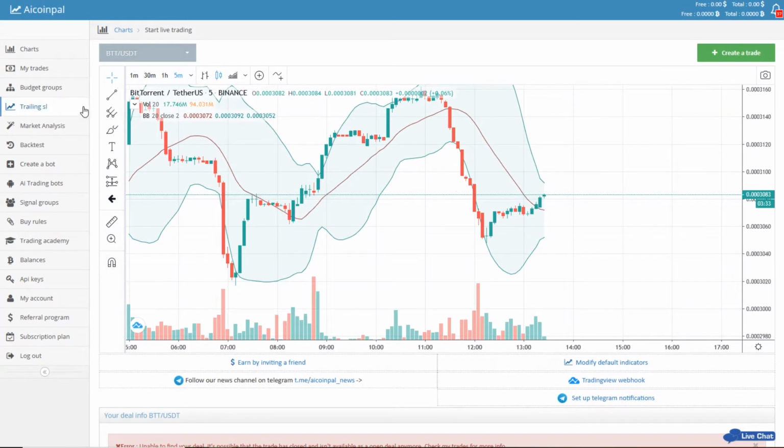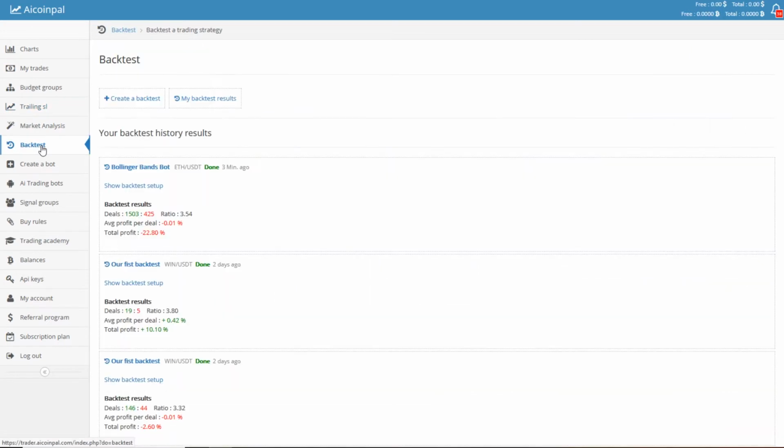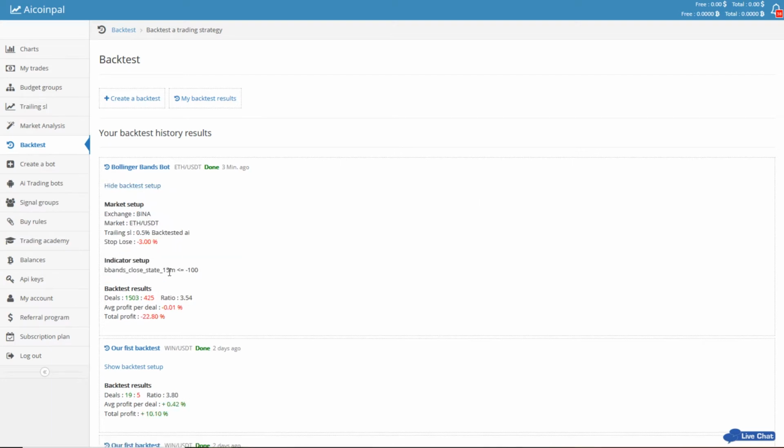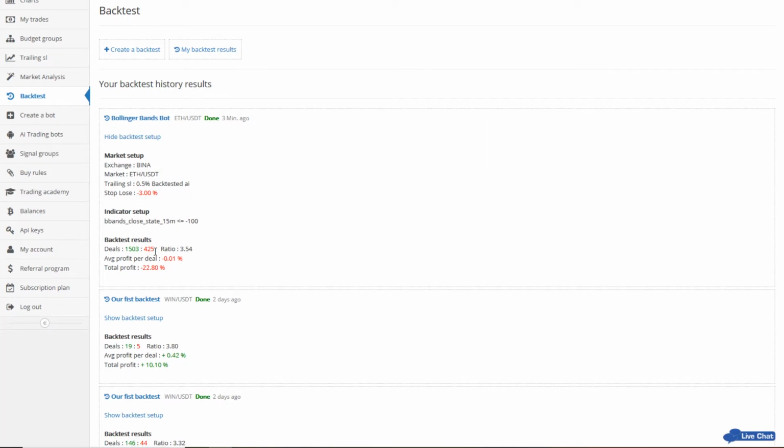So let's get back to our backtests and see how well our backtest is doing. The backtest setup, the Bollinger Bands below minus 100, had many deals, but overall it turned out to be a losing strategy.